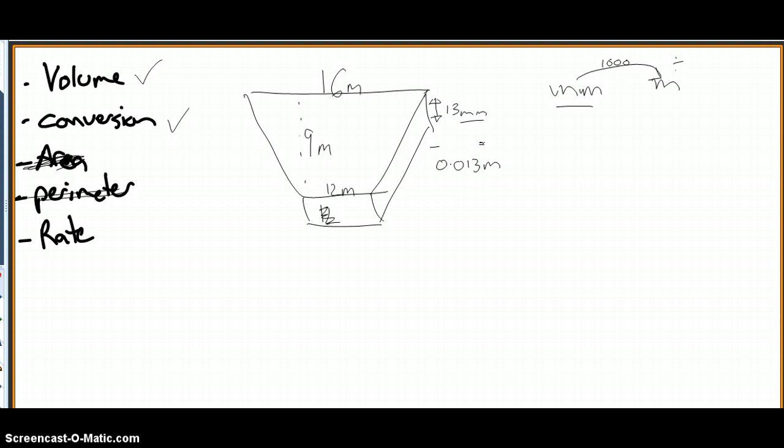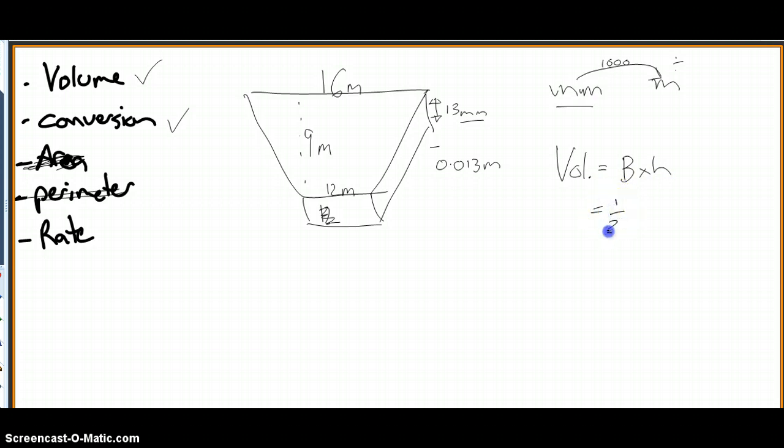Okay, and then the volume of this ice or water on the roof: volume is equal to the base area of the trapezium times the height or the depth.